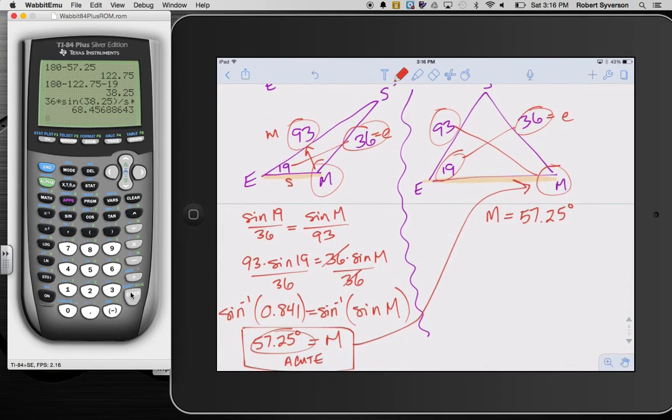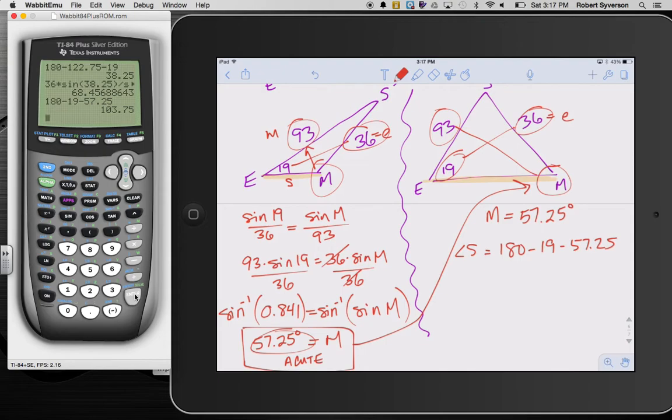So we'll find the measure of angle S. In this case, angle S is going to come out to be 180 minus 19 minus 57.25, this smaller value, the acute value for angle M. All right, so 180 minus 19 minus 57.25. All right, 103.75 is angle S.